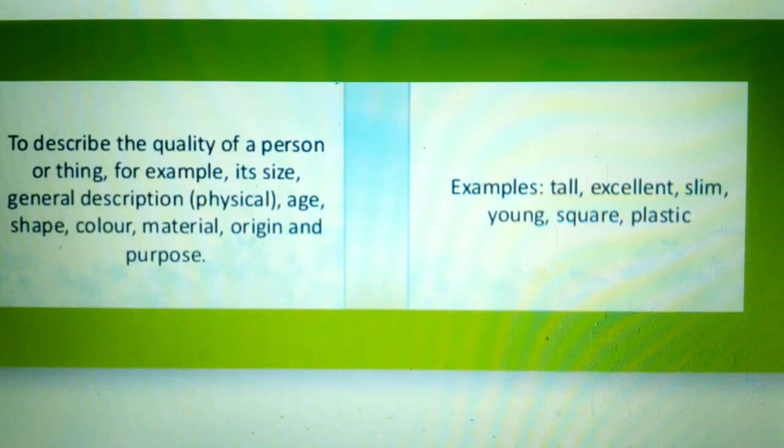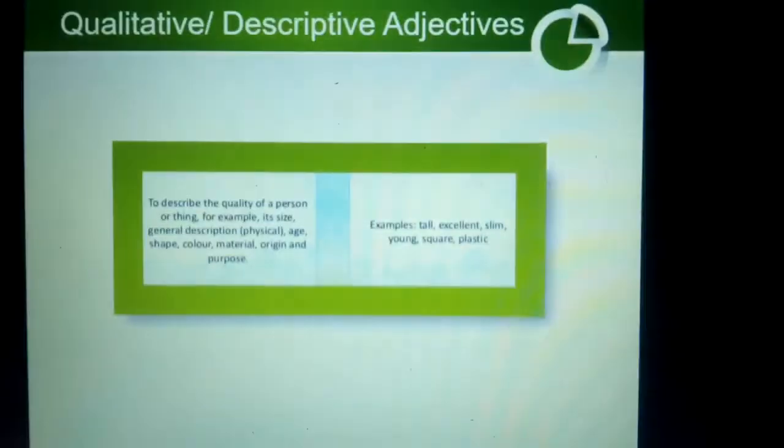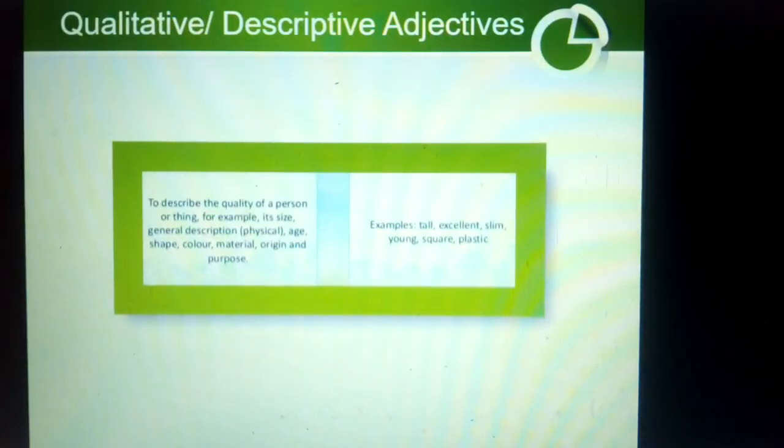And the examples of these types of adjectives are tall, excellent, slim, young, square, plastic. If I say tall man, so man is a noun and tall is an adjective. So I am telling you about the quality of that man, that he is tall. So it is qualitative adjective.